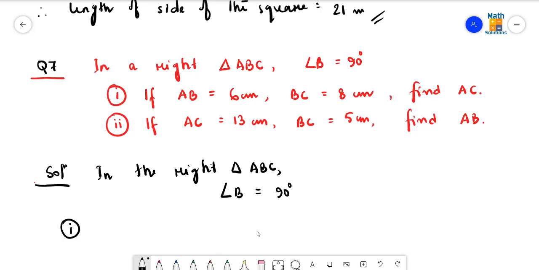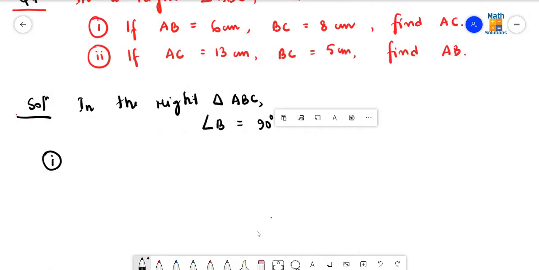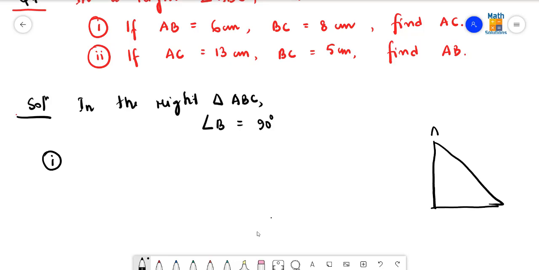Now let us come to the first question, and along with this we have to draw the figure also, because in such cases the figure is a bit important. So let's draw the figure. Suppose this is the right angle triangle. This is A, B, C. Angle B is given to be of measurement 90 degree.